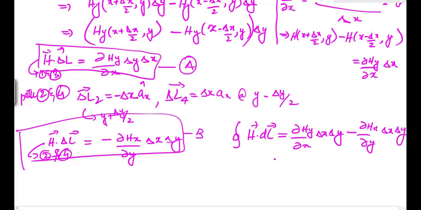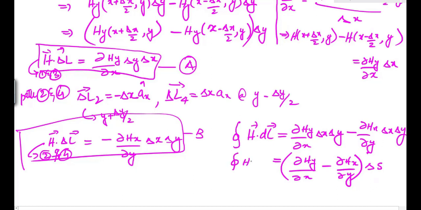If we take this common, we will have partial hy over partial x minus partial hx over partial y into this area. Remember, this is the small area. Let's call this area delta s. So this is what we have obtained so far.